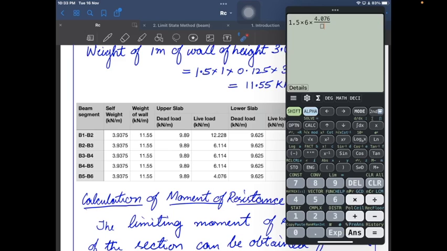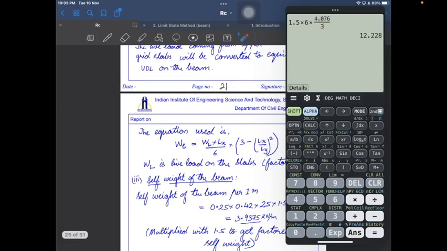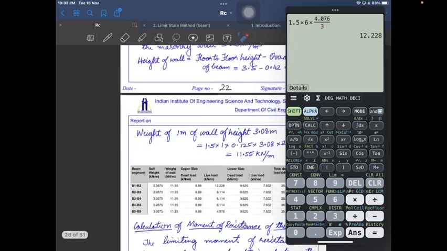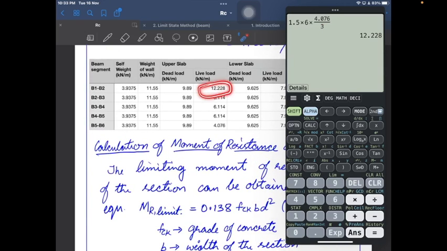I have calculated lx and ly in the previous slab video, so if you are not following what lx and ly are, you can check that out in the first part of the slab video. So 1.5 into 6 into lx by 3. The formula is this, but our aspect ratio is 1, so (3 minus 1) by 2, which gives 3, so we basically have 12.228. See, we have written 12.228.